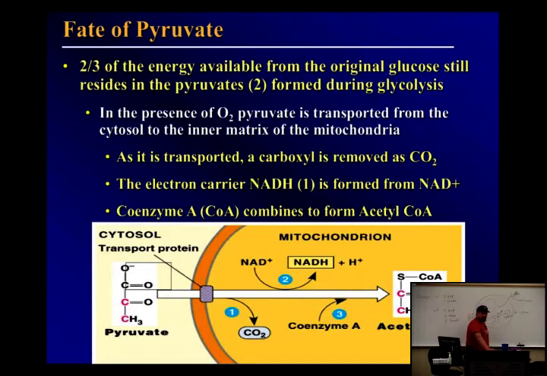How many ATP do you think it's going to cost us to get it into the mitochondria? That would be right. So here we netted 2 ATP, right? But now we lost them by the next step. So if we say this is the first step, then the second step would be moving pyruvate into the mitochondria.